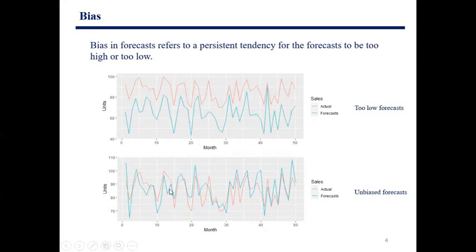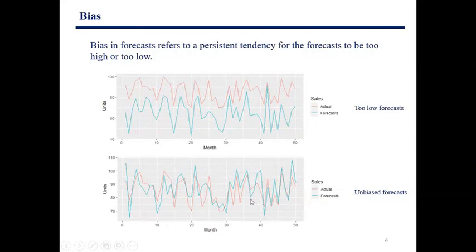But in the second example, we have the same actual sales but different forecasts. Now you can see that the forecasts are sometimes higher, sometimes lower than the actual sales. But when we calculate the average of the difference between the sales and the forecast, we will find something which is near zero. So we call this unbiased forecasts.